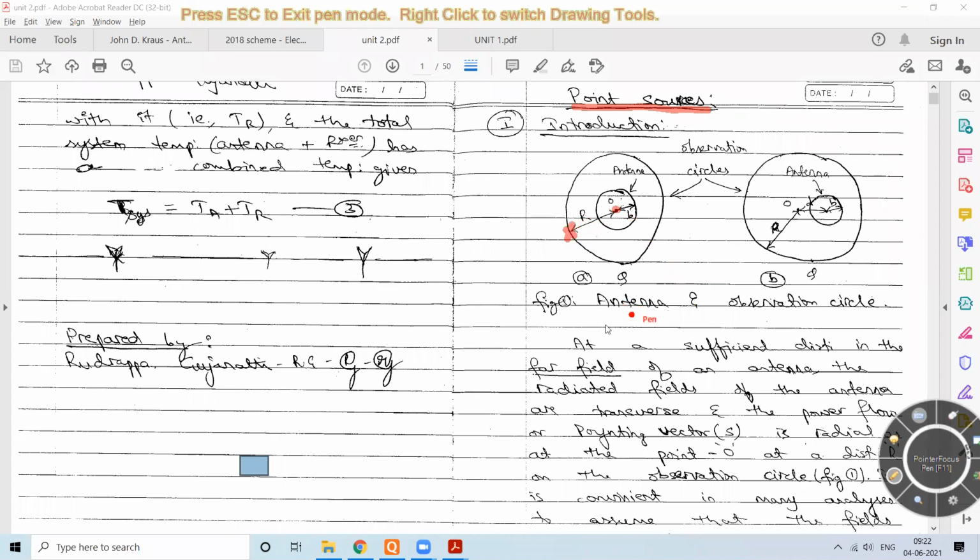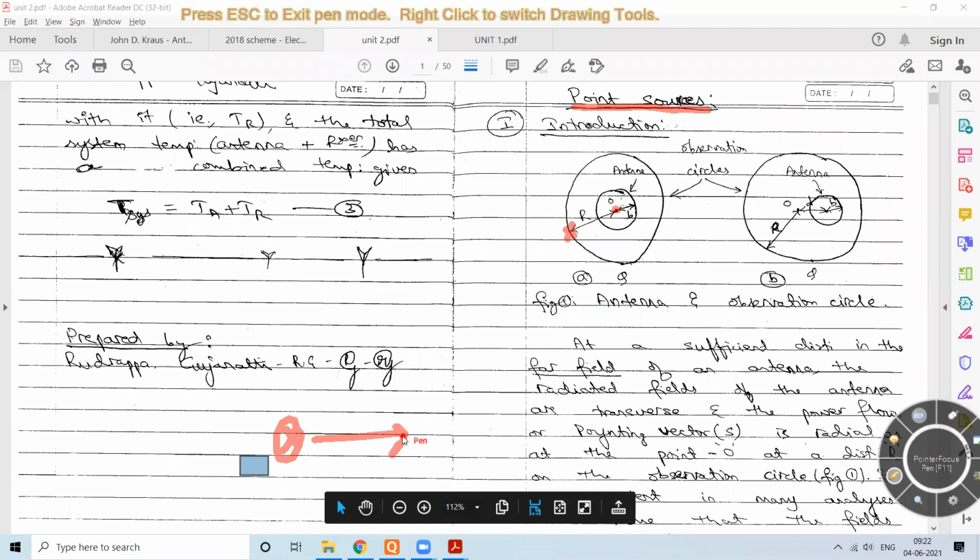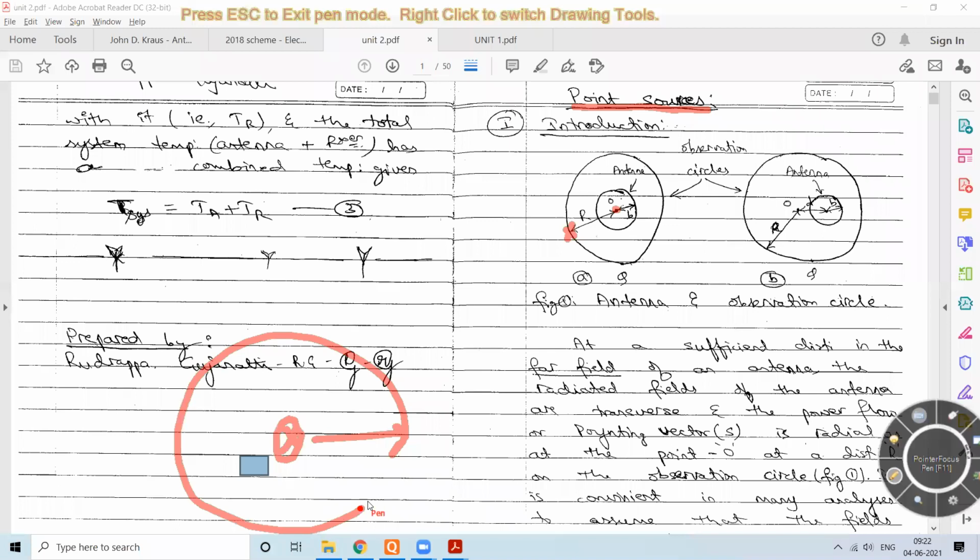There are two ways. We have two options in this case. You can keep the transmitting antenna constant. So you have an antenna over here, and you keep this antenna constant, and at a distance r, you move around this antenna in a circle, keeping the distance between this antenna and the observation point constant.